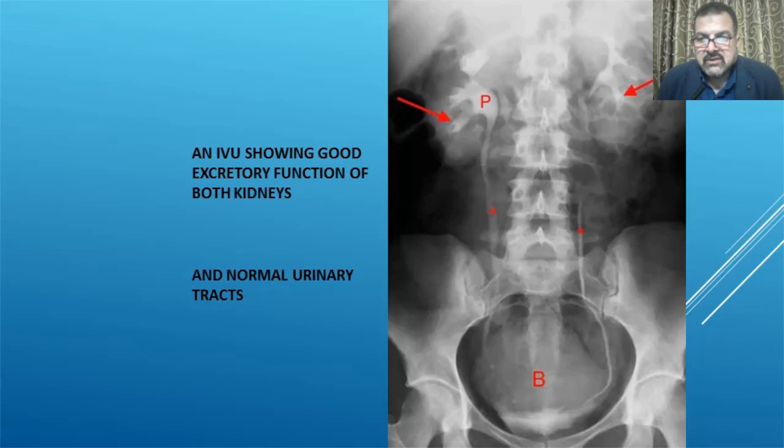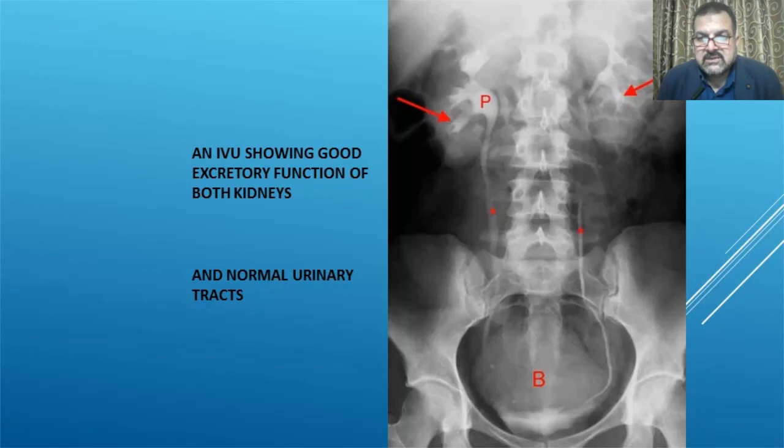The scout film is a plain X-ray, in which you can see any radio-opaque shadows. The immediate film, or first-minute film, will show the nephrogram, opacification of both kidneys. You will appreciate the uptake of this contrast by both kidneys.